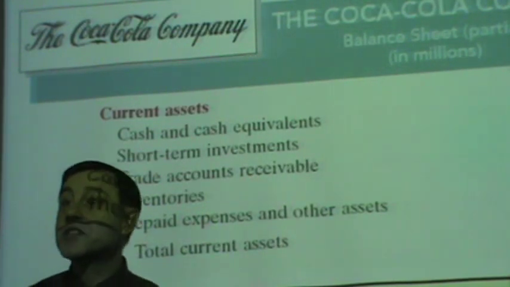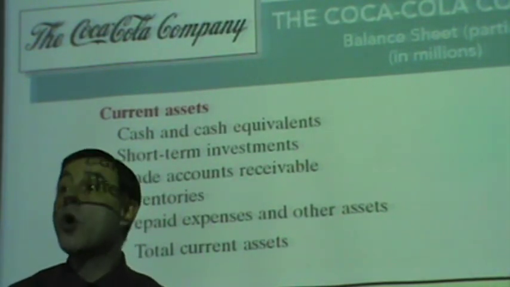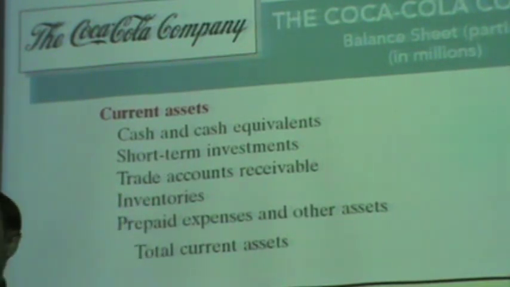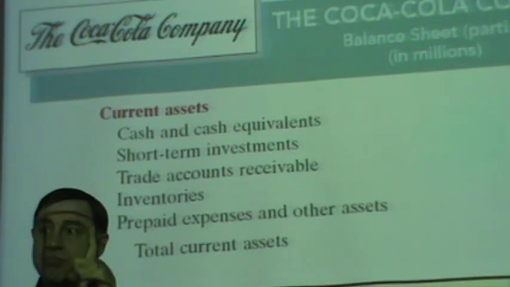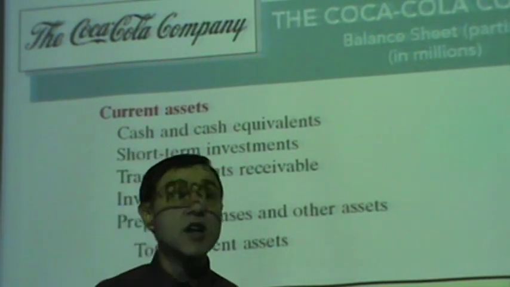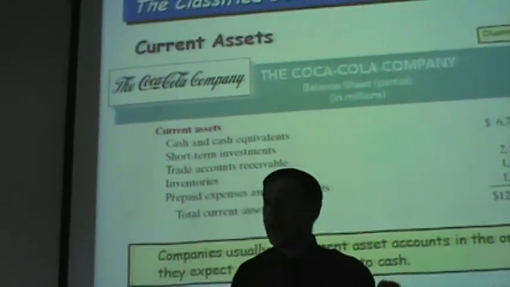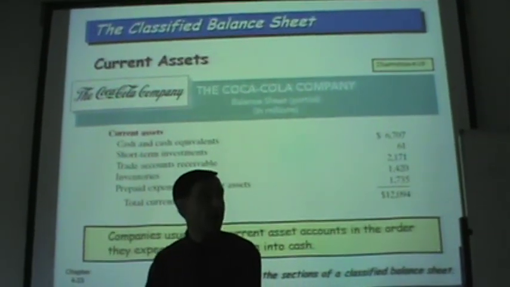So inventories are goods which are available for sale. Now, if you are a real estate broker and everything you're selling is houses, the houses that you have and you intend to sell within 1 year are also inventory.